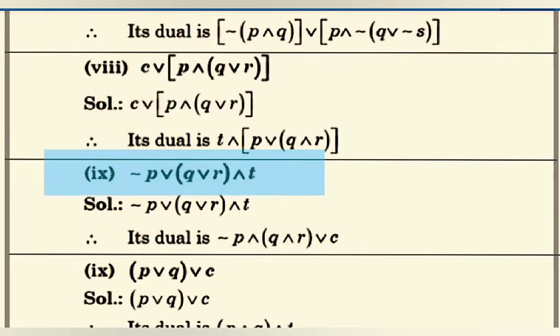Next example, negation P or in bracket Q or R and T. Solution: write down as it is.